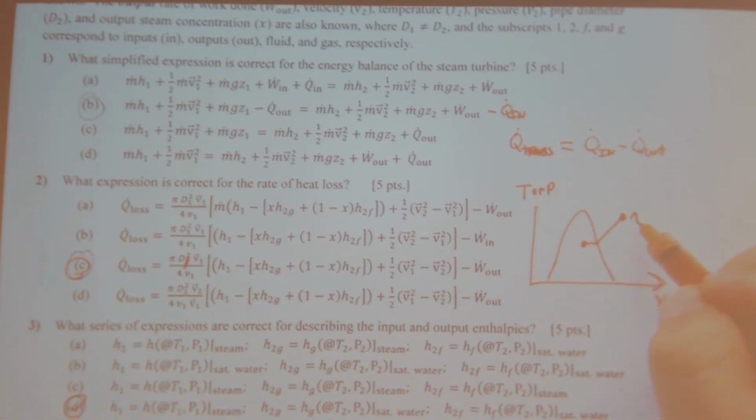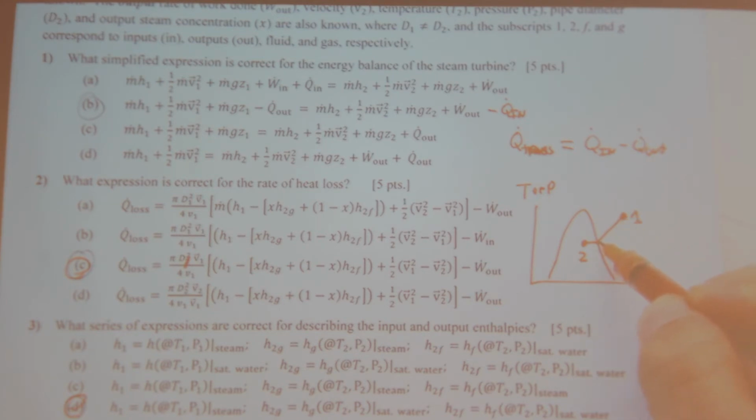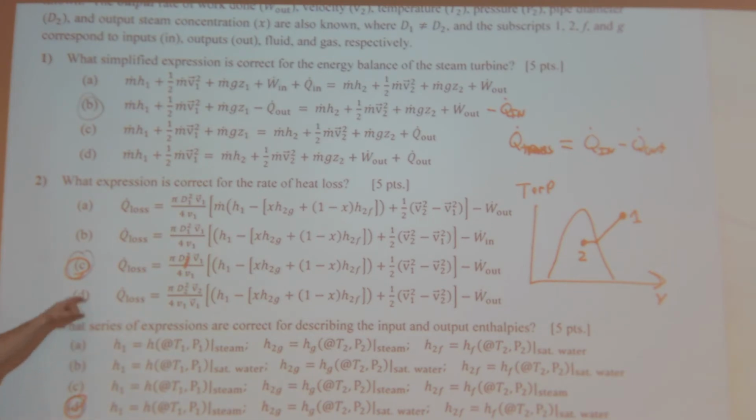This is state 1 and this is state 2, and there's a corresponding temperature and pressure here. This is superheated steam. It comes in, and then you're somewhere within the bell curve. All this is saturated. If the steam concentration was 100% saturated, you'd be right here. If it was 0%, you'd be over here.